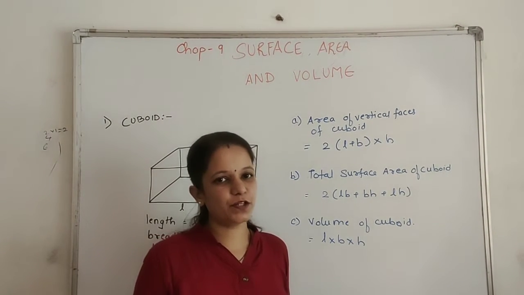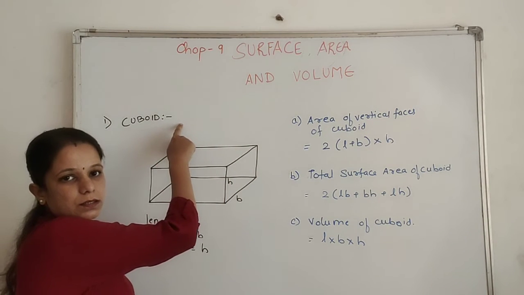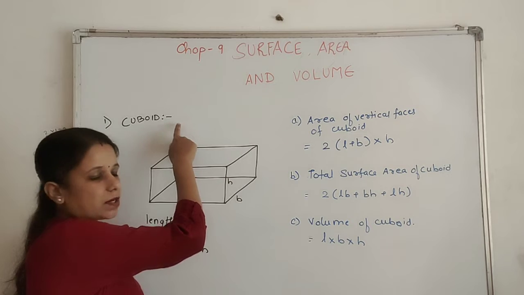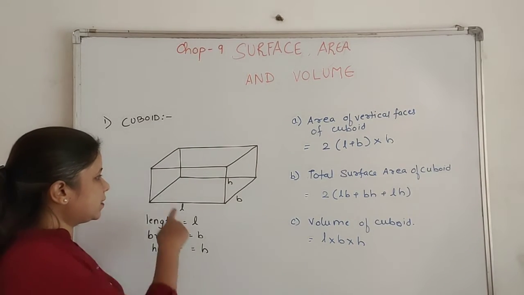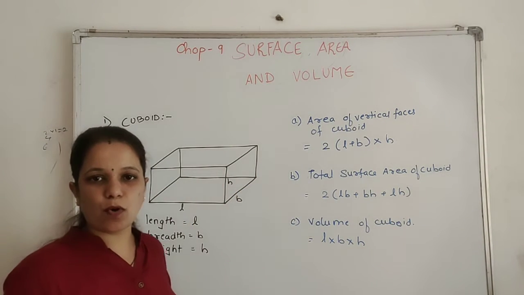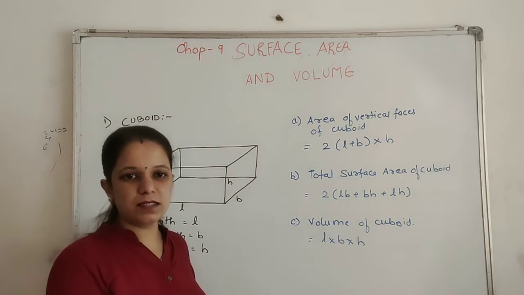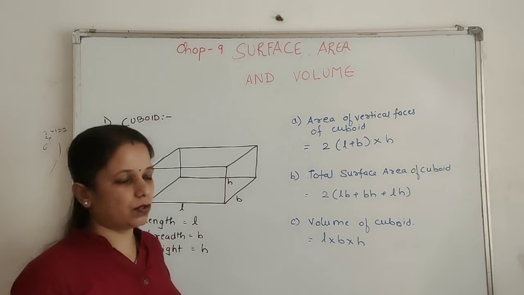Now we will refer to the second three-dimensional figure. It is the cuboid. Here it is in the form of a box. You have seen any box where length is different, breadth is different and height is different. Okay.